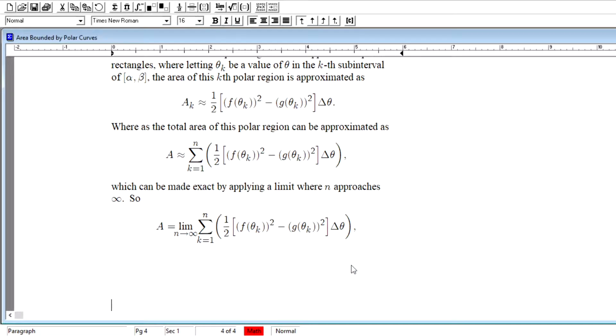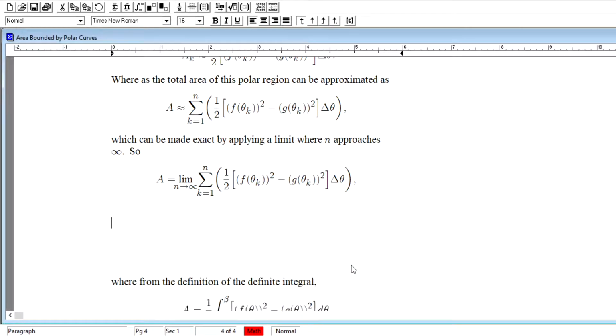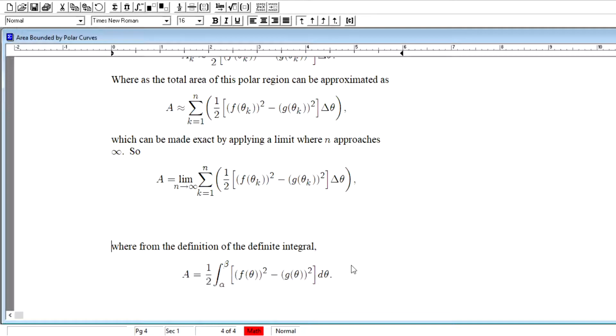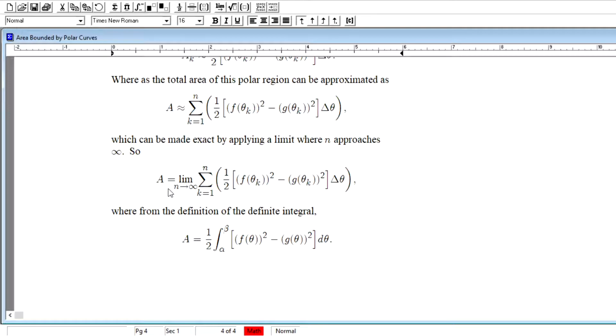Where we know from the definition of a definite integral, the limit of this summation is what turns into our integration over this interval from alpha to beta. It happens with respect to theta; delta theta is what highlights the d theta in that integral calculation, from our definition of the definite integral.